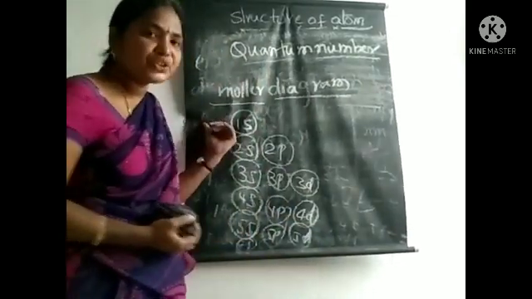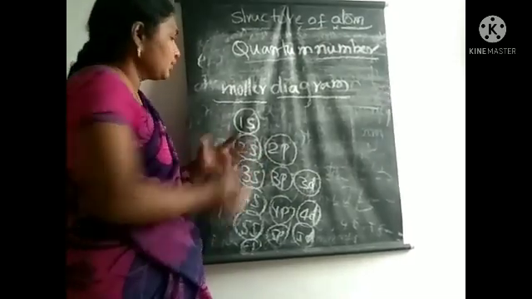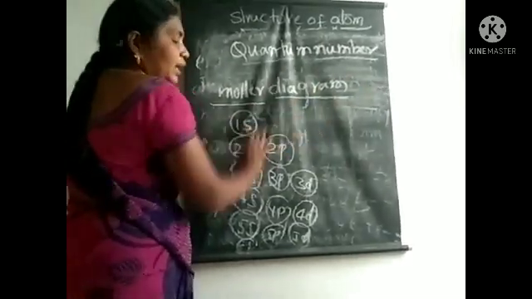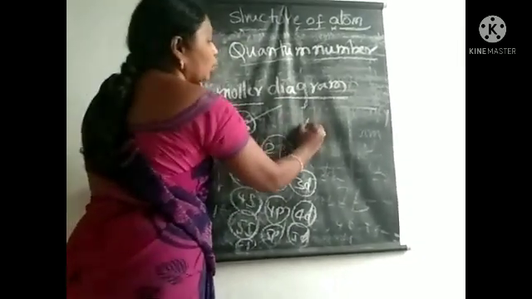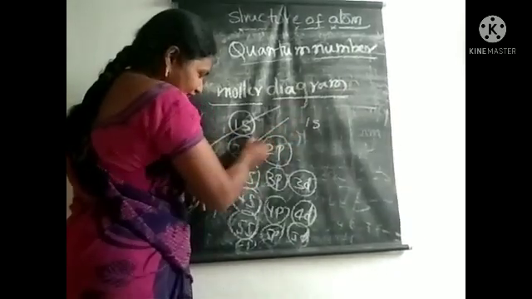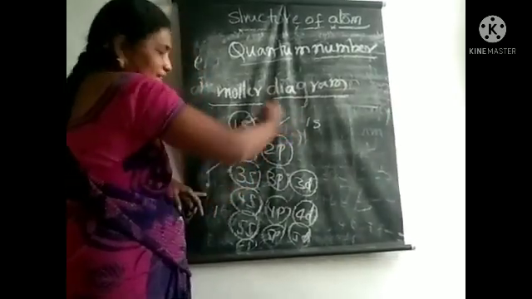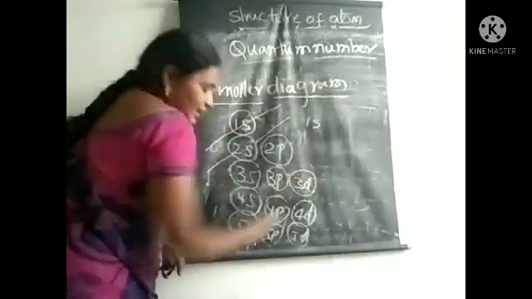For your sake, children, I will draw this diagram easily. The electron enters first into 1s, not like this, like this.